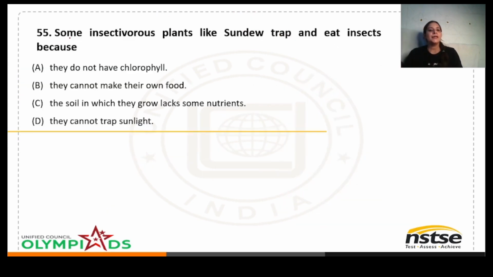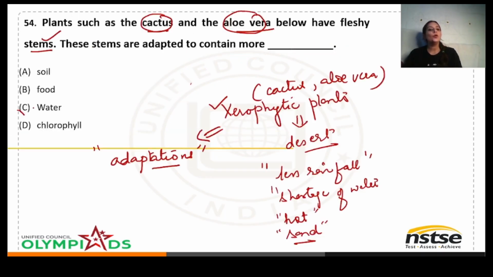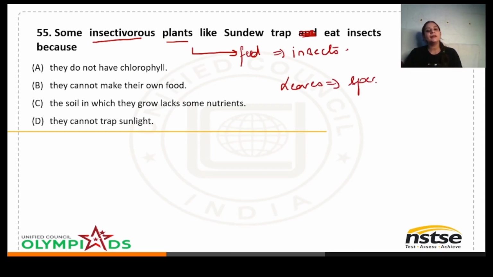Okay. The next question says, some insectivorous plants like sundew trap and eat insects because... Yes, we do have insectivorous plants, and I hope you remember, insectivorous plants are those plants which feed on insects. Their leaves are specially designed so that they can trap insects.